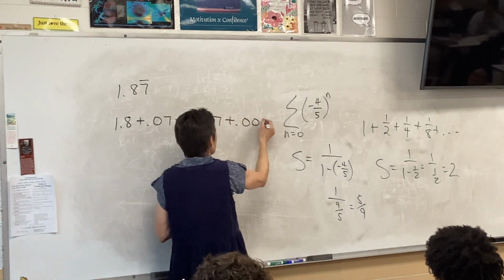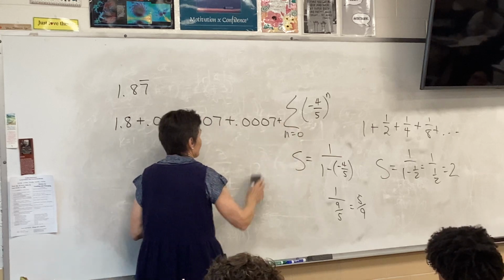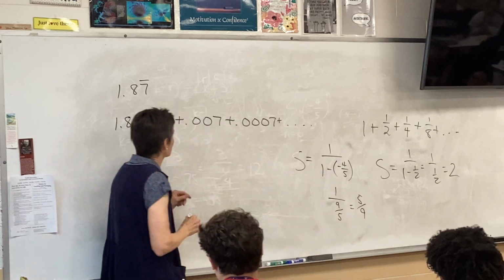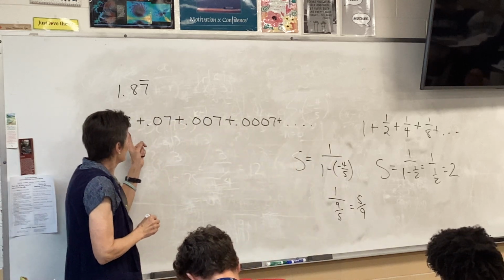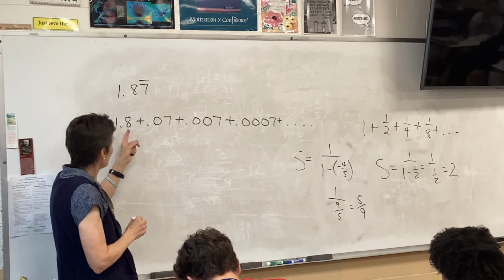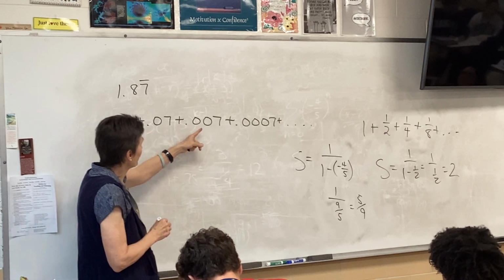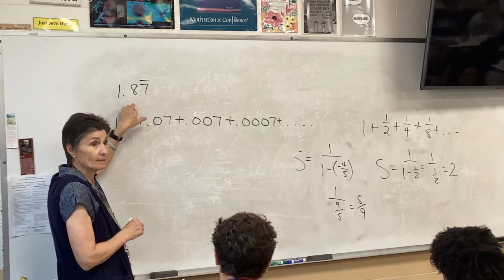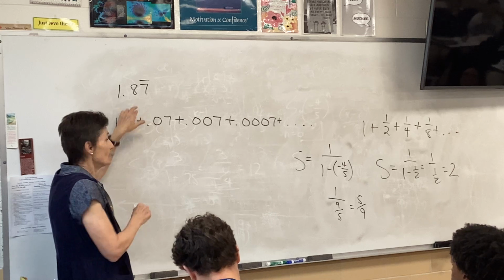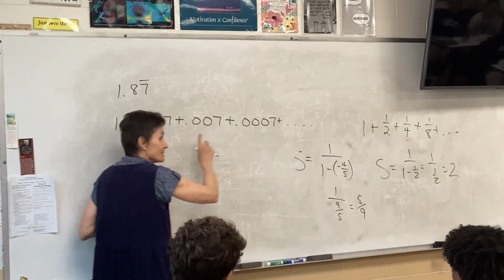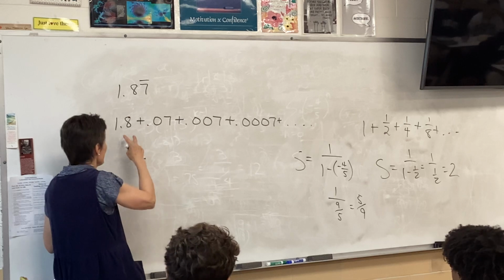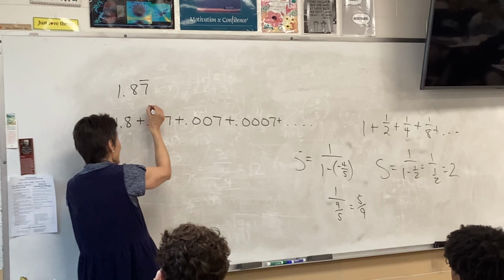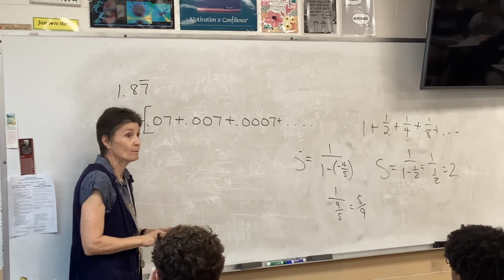So think about breaking this decimal apart into a sum. Would you agree that if I took 1.8 and added 0.07 and then 0.007 and so on, that I would end up with this decimal?